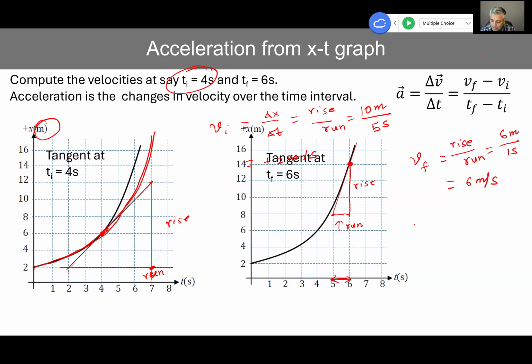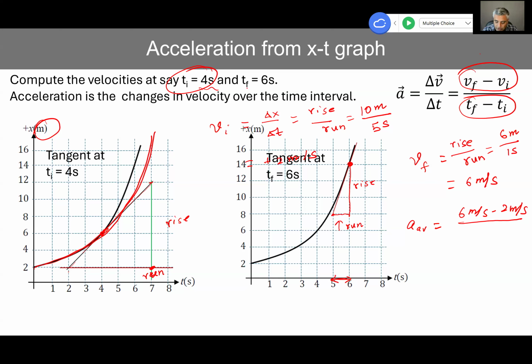So what is average acceleration? Average is velocity change over time interval. So what is velocity change here? 6 meters per second minus 2 meters per second, that is 4 meters per second. And what's the time interval here?